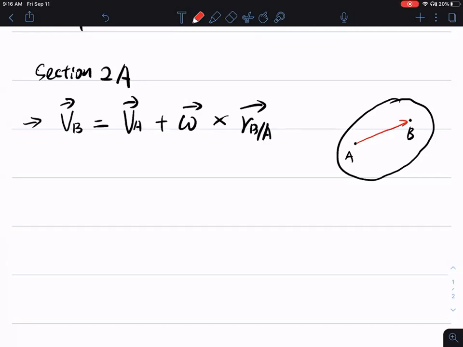Okay. Now let's look at the second equation in this section. Acceleration of a point.